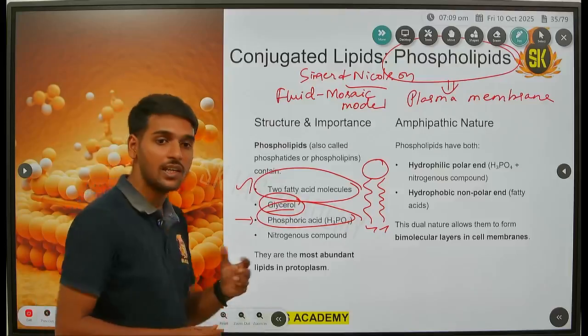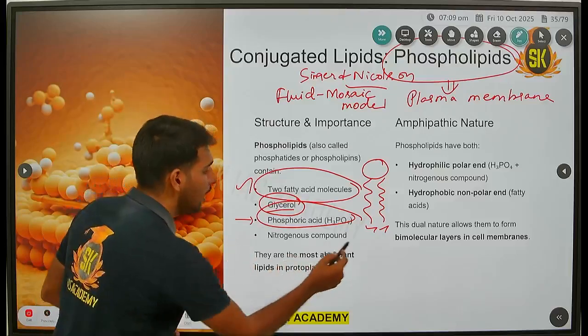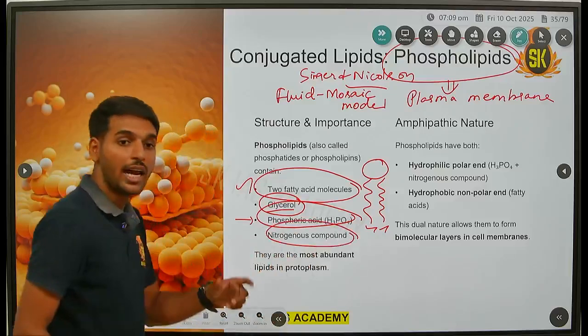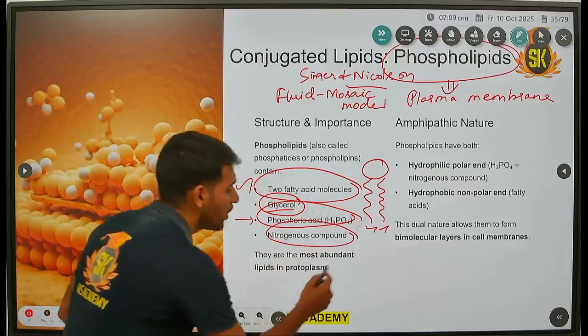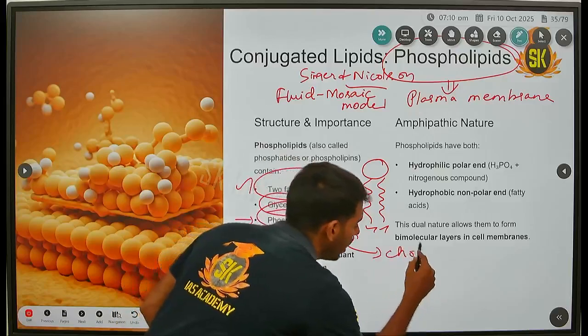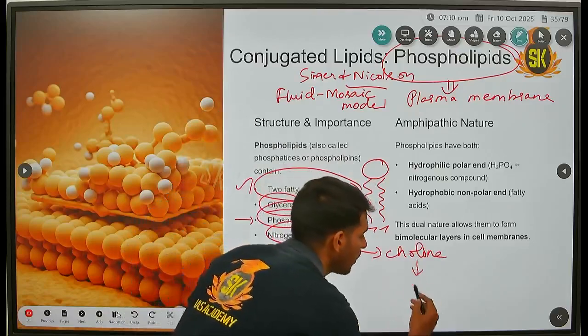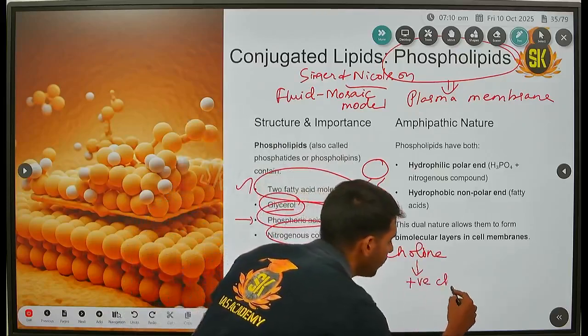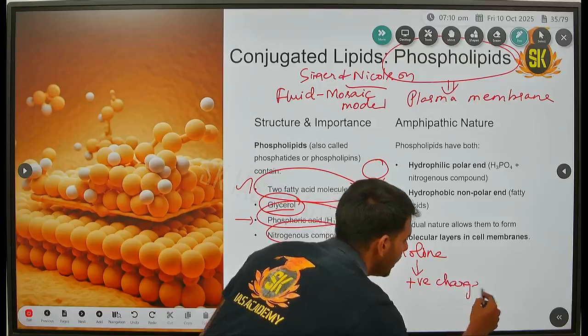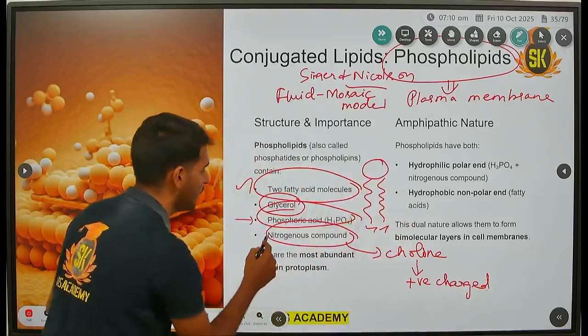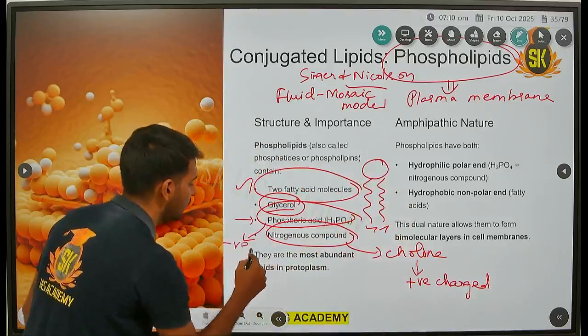Okay, so it is also attached to a nitrogenous compound which is known as the choline group. Choline group. This choline group is positively charged. The phosphoric is negatively charged.